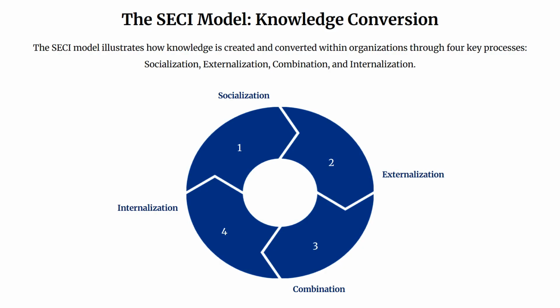Now let us discuss the SECI model, where S stands for socialization, E stands for externalization, C stands for combination, I stands for internalization. Starting with socialization, that is tacit to tacit, which involves sharing experience through observation, imitation, practice, and participation, as seen in the mentoring programs and on the job training.